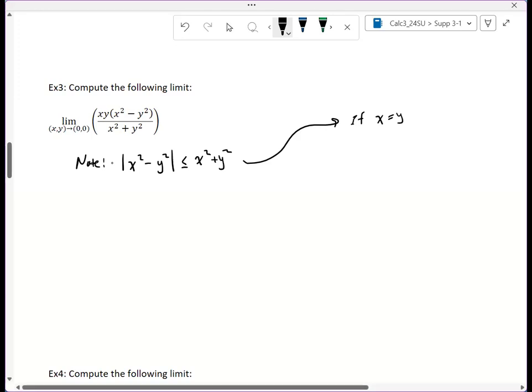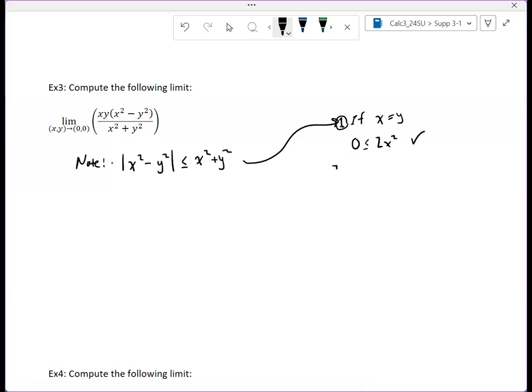Let's look at a couple cases. Case 1, if x equals y, then x squared minus y squared is 0. It's just that 0 is less than or equal to x squared plus x squared, 2x squared, which is obviously true.